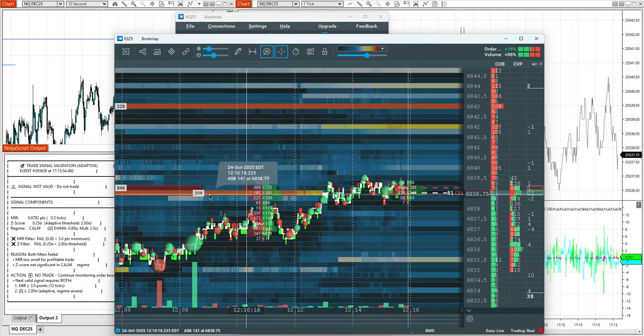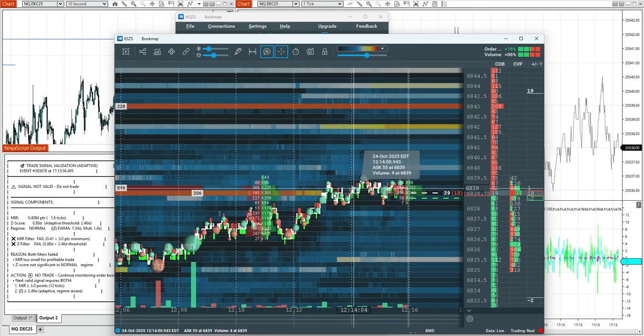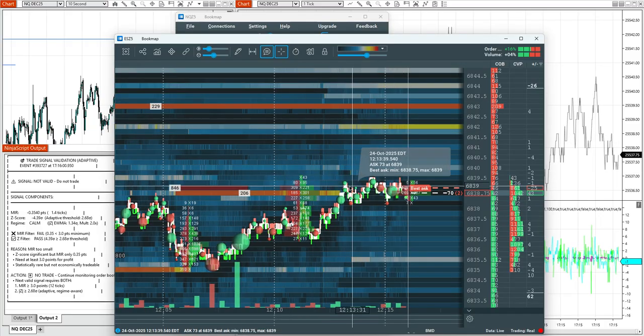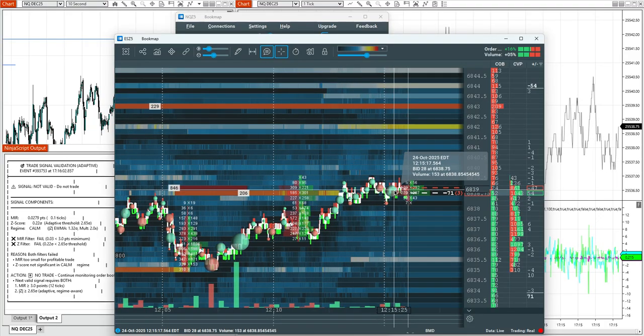We'll just keep one eye on ES as well, because you can see we're feeling some liquidity here. Some more levels above where we've got lots of volume.